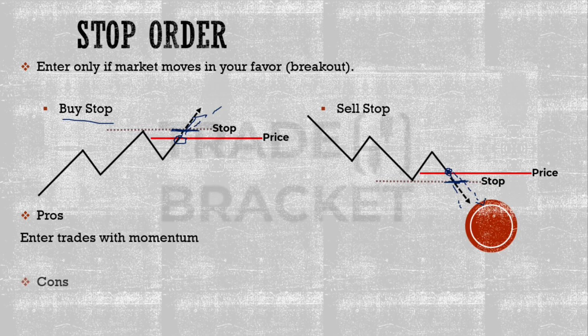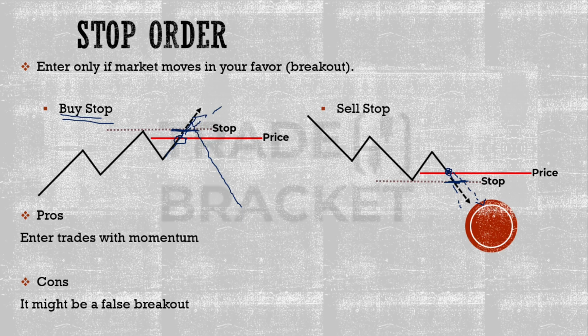Then one of the cons is it might be a false breakout. What that means is, let's say price is buying and it reaches your buy stop, because it's a buy example. It triggers your buy stop in, then changes direction.